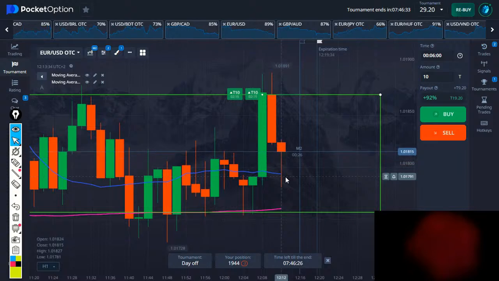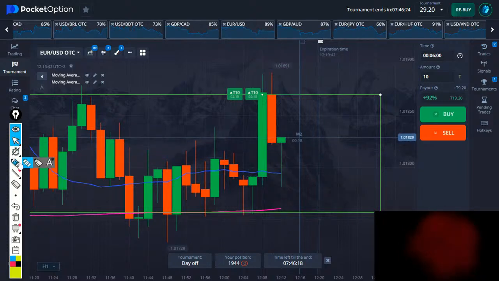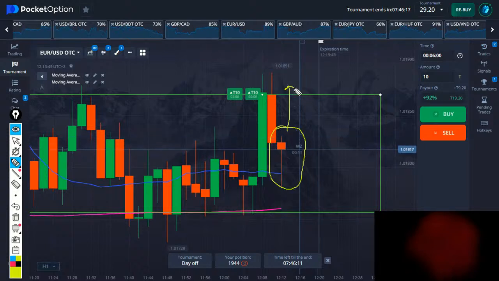Beautiful, yes. Keep pushing. If I get a strong close, beautiful, keep on going. If it keeps on going like this, we might expect a push over here.